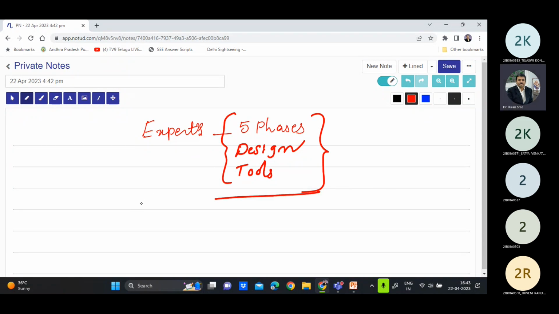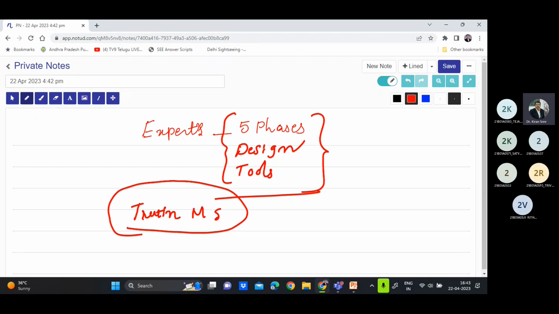And they will ask you what a truth maintenance system is. A truth maintenance system is a system where you add some facts, and the question is whether the conclusion will change or not. And you have a blackboard system.